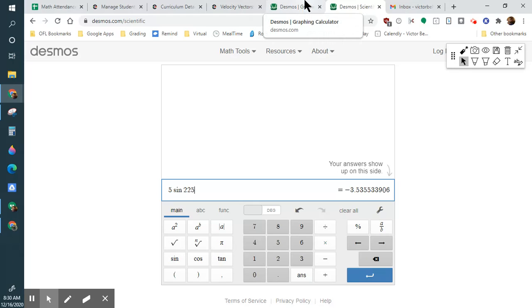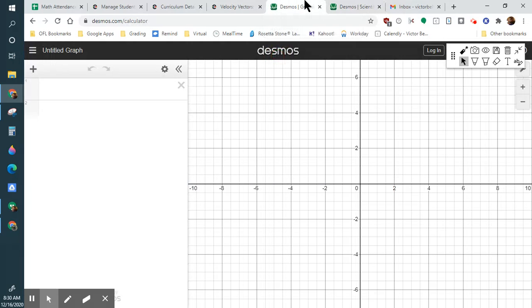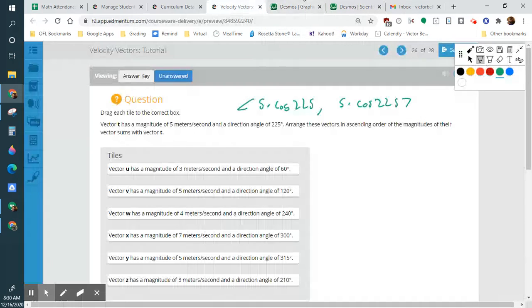Let's do the nearest hundredths. So -3.54. So t is equal to -3.54 for the y value. Now we're going to do it for the x value.